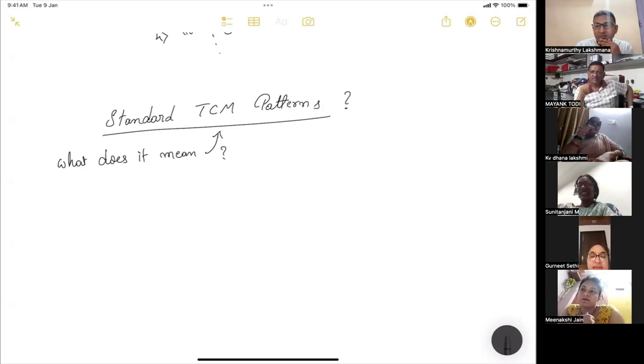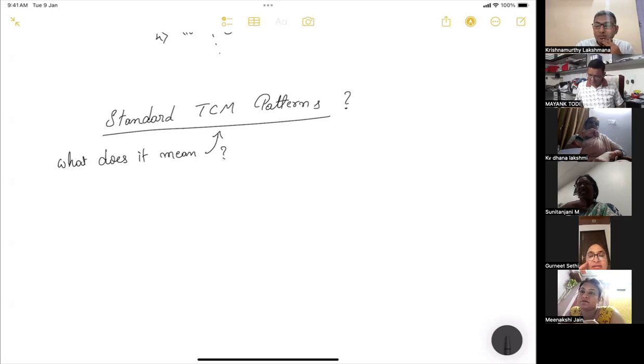Standard patterns means the set of protocols which are given for a particular pattern of disease. Like we are using a particular protocol for a particular pattern. So does that mean it is a standard way of treating? Elaborate a little bit more.